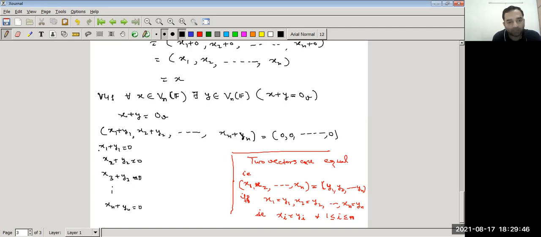And they are real numbers. x1 plus y1 equal to 0, they are real numbers. And in real numbers, we know that y1 is equal to minus x1. They are also real numbers, so we can say y2 is equal to minus x2. In the same way, we can find yn equal to minus xn.